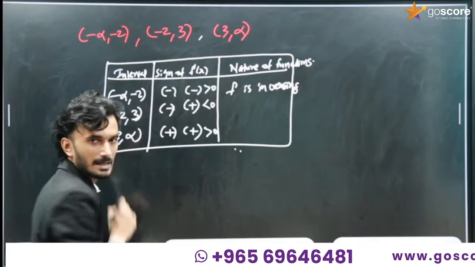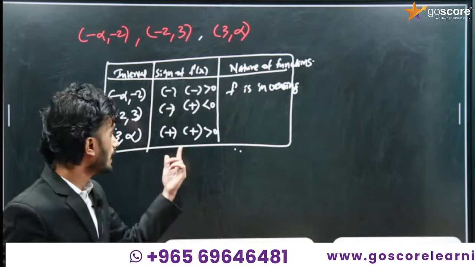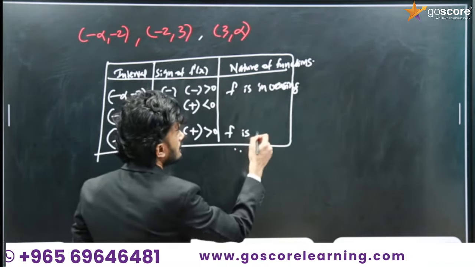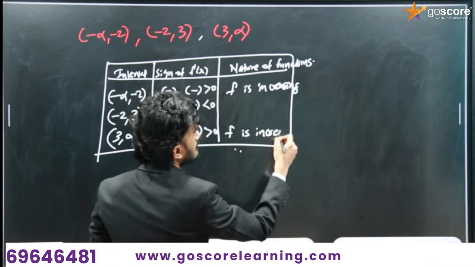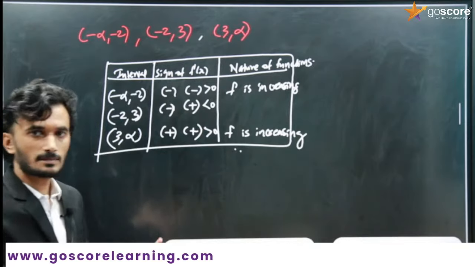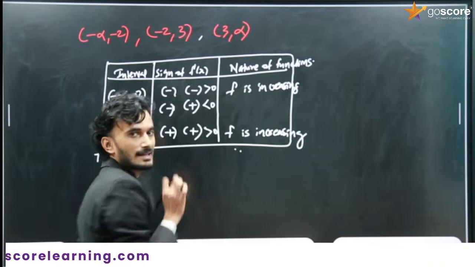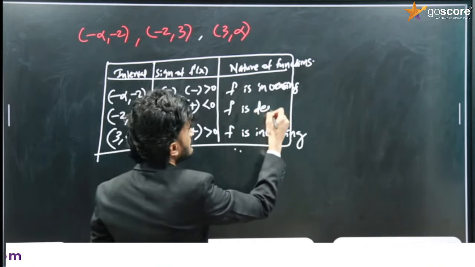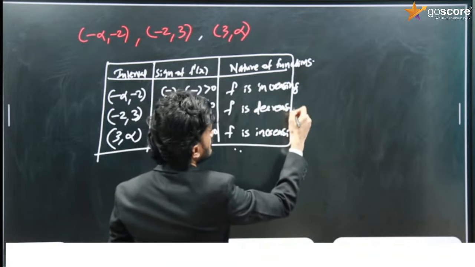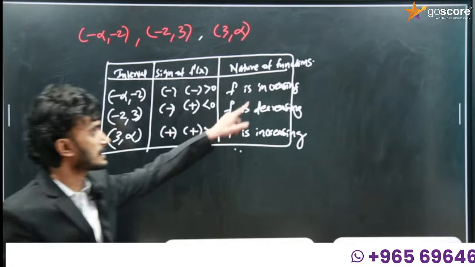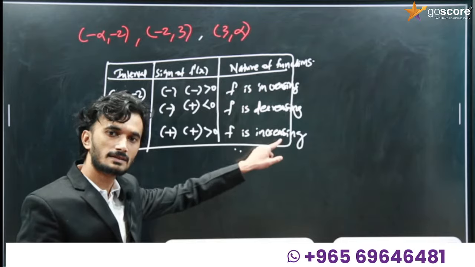Here also plus plus, f dash x is greater than 0, again the function is increasing. Here minus plus or plus minus, f dash of x is less than 0, so the function is decreasing. So this function is increasing, decreasing, increasing.